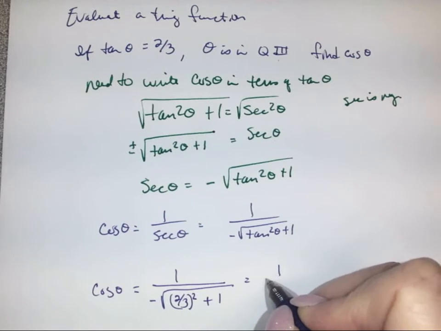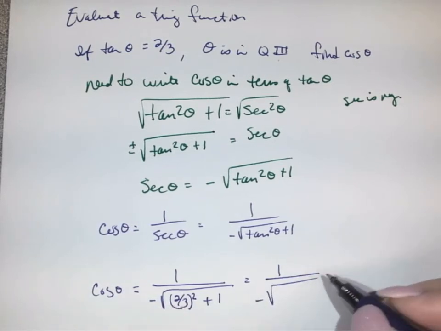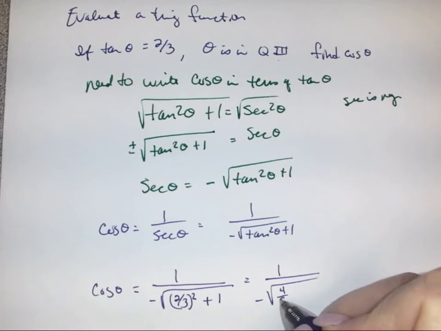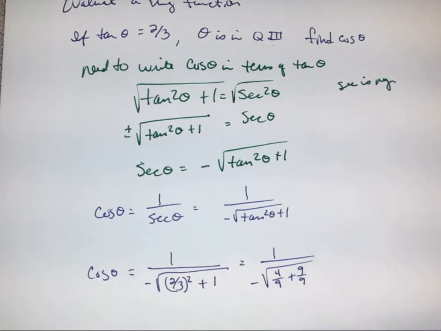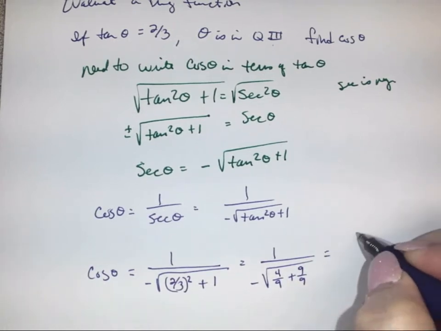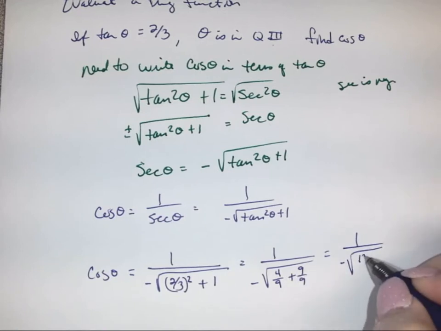So that's equal to 1 over the negative square root of 2/3 squared. Well, that would be 4 over 9. I'm going to change my 1 to have a common denominator, so plus 9 over 9. So that'll get us 1 over negative square root. 9 plus 4 would be 13 over 9.